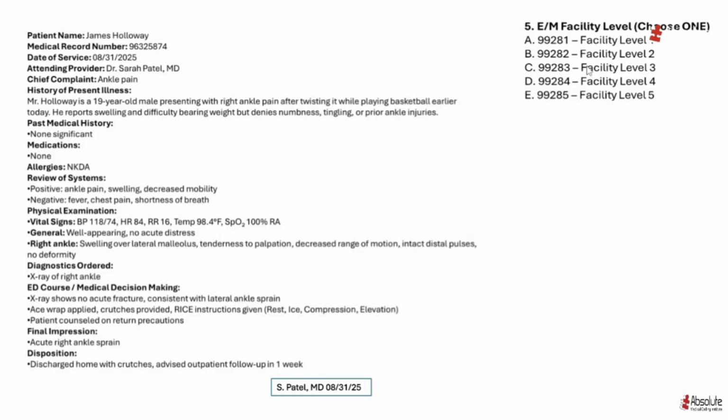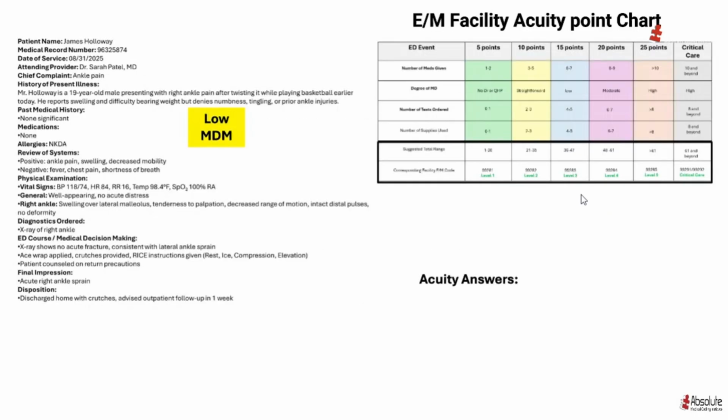Now it's time for us to figure out what the facility is. What is this level? Remember, we have a low MDM, and we're going to use the acuity points. So we have to answer, what are the number of medications given? I said no medicines, 0. What is the degree of the MDM?